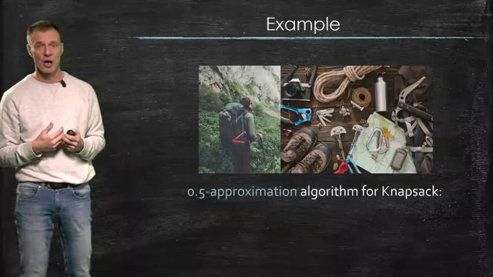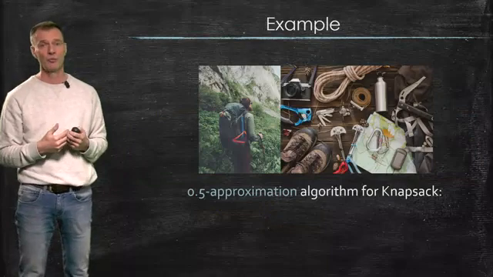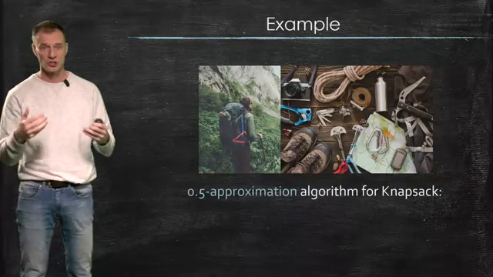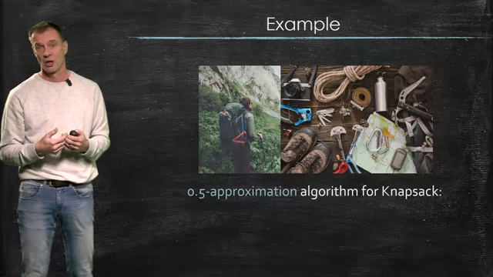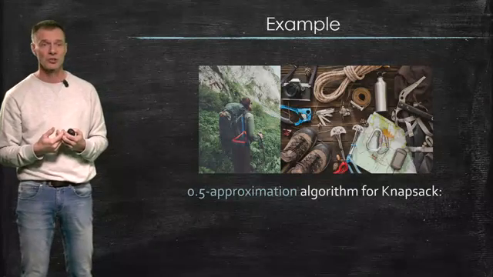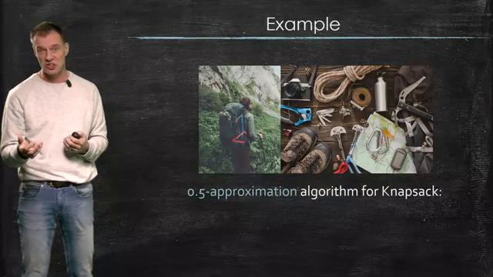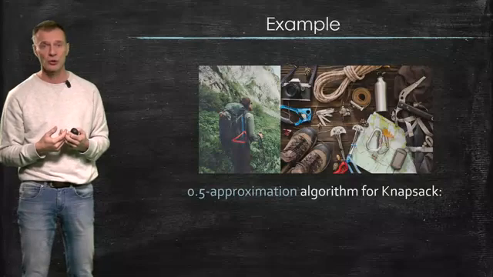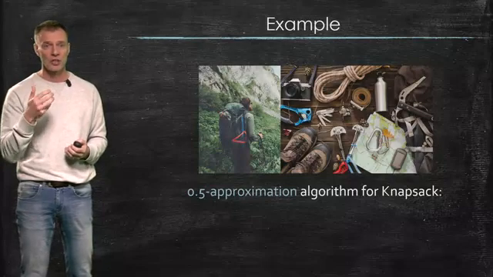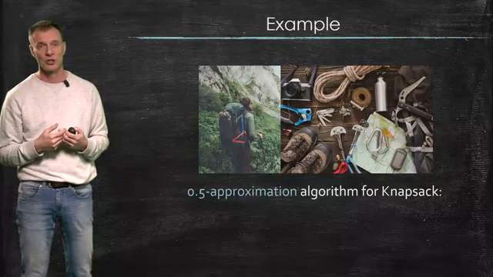Let's look at an example in our knapsack problem where we want to select a subset of the items of maximum value, such that the total weight is, let's say, at most 20 kilograms. Then what is a 0.5 approximation?